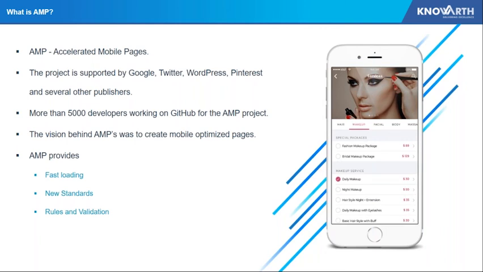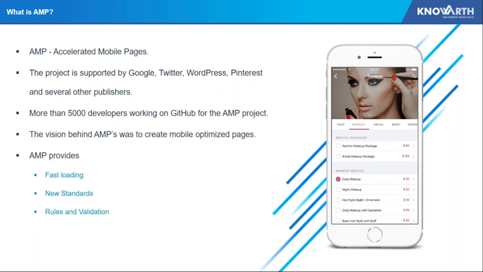So what does AMP provide? AMP provides fast loading of your web pages. Then it provides some new standards, like AMP's own custom tags for HTML, its own AMP.js, and the AMP caching mechanism that we will see in upcoming slides. Then it provides rules and validation. AMP documents are only valid if they do not contain things that might make websites slow.